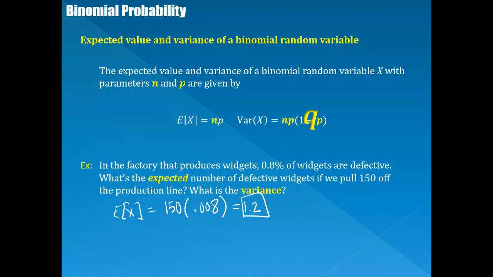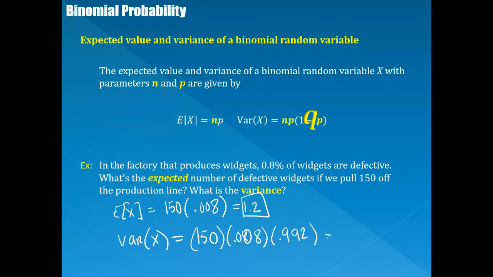It's the expected value. The variance is 150 times 0.008 times 0.992.